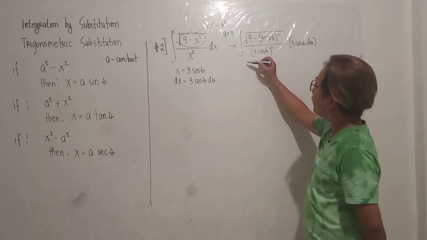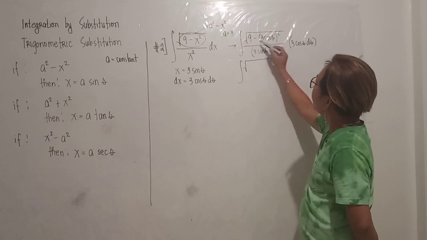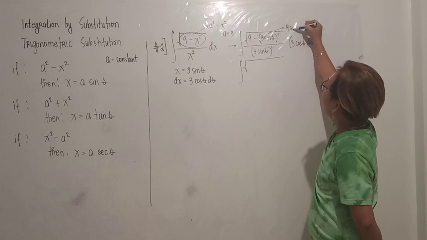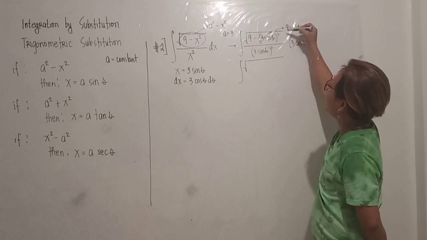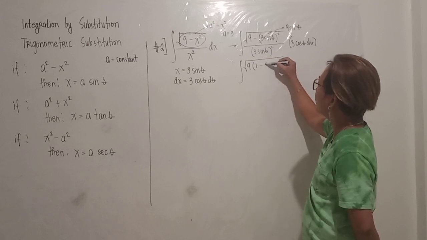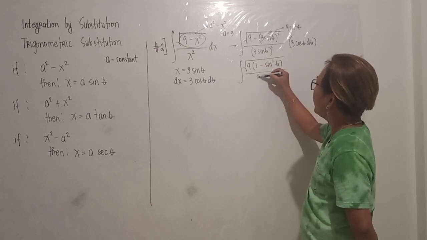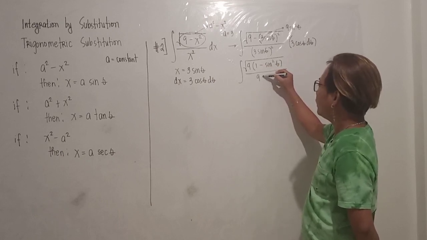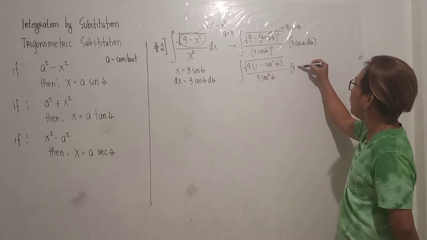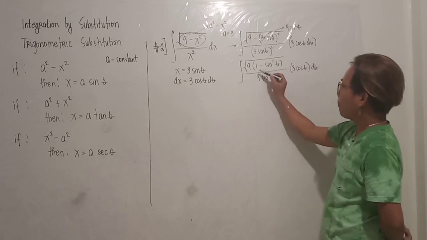Now, you will now have the square root of this part, which is 9 sine squared theta. Parehas silang may 9. So, factoring out the 9, you will now have 1 minus sine squared theta all over 9 sine squared theta multiplied by 3 cosine theta d theta.